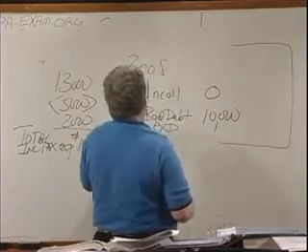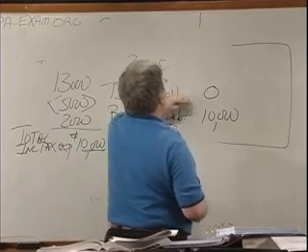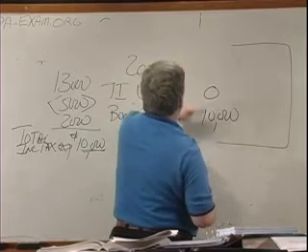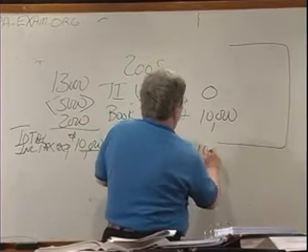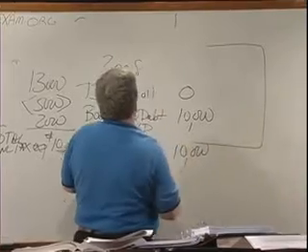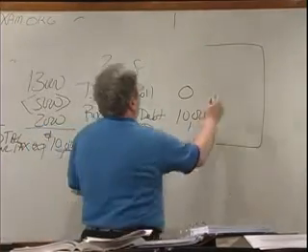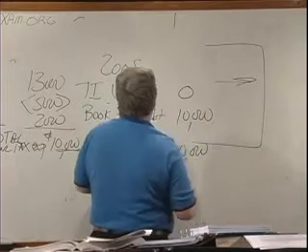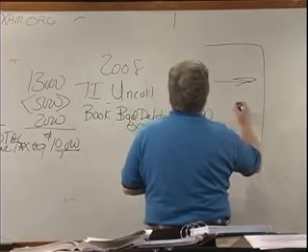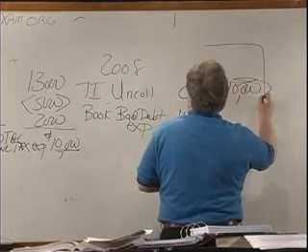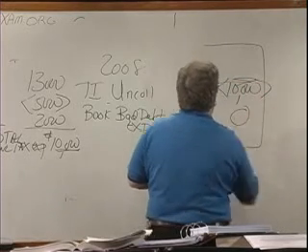Now, what happens here? In the current year, taxable income is going to be higher than book income by $10,000. But in the future, this will reverse itself. This $10,000 deduction will be on the tax return, but nothing on the books.